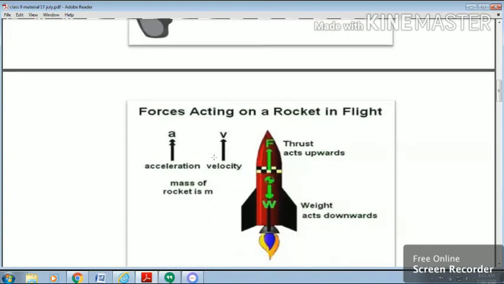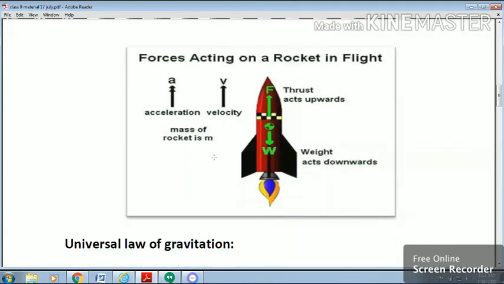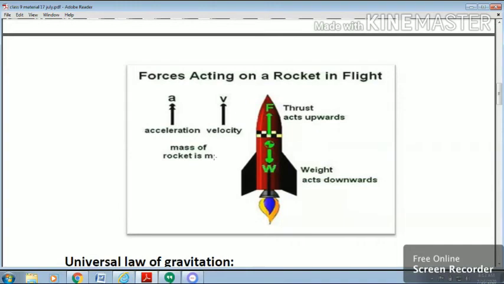One more example, the rocket motion. In a rocket, fuel is burnt inside the rocket, and the burnt gases at high pressure and high temperature are expelled out of the rocket through a nozzle. Thus, the rocket exerts a force F on the gases to expel them from the nozzle backwards.